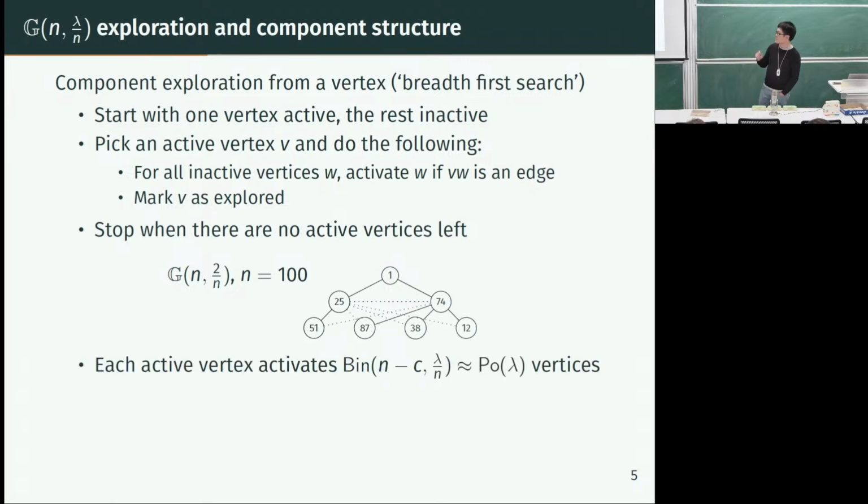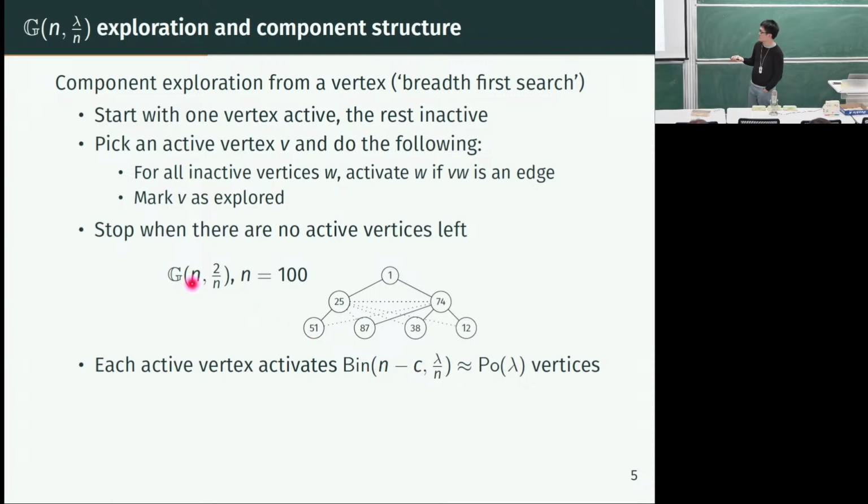Right. So the thing we need to note here is that, given how we were exploring these neighborhoods, these components, via this algorithm, what happens in each step is that we are testing, for vertex 1 for example, initially, whether there were edges to 99 other vertices, or more generally, n minus 1 of them.